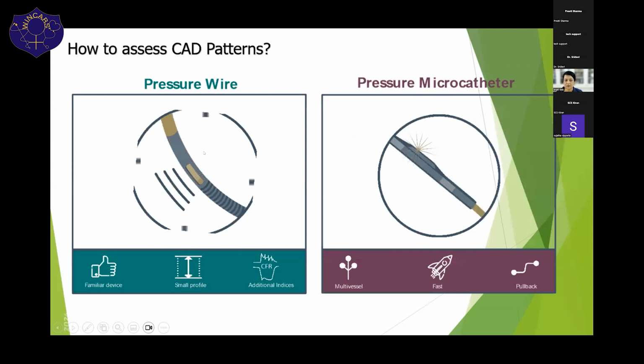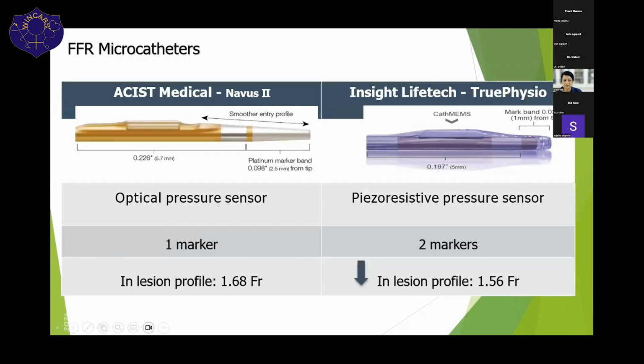This is the microcatheter on the pressure wire, and the pressure microcatheter should be used on the routine wires. There's no pressure wire required, and this is AI based, and this is going to happen in the future. It will have an optical pressure sensor with one marker, and a piezoelectric resistance pressure sensor with two markers. Some studies are going on.